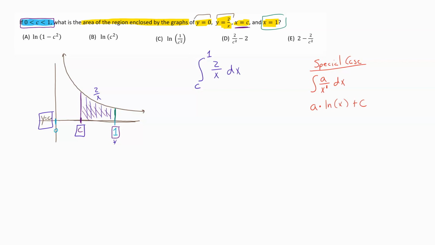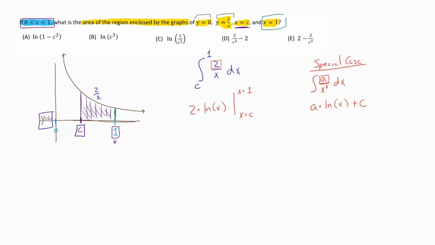So here, looking at this problem, our a value is going to be 2. So this would be 2 times the natural log of x. And because we have bounds, we would say evaluated from x equals c to x equals 1.